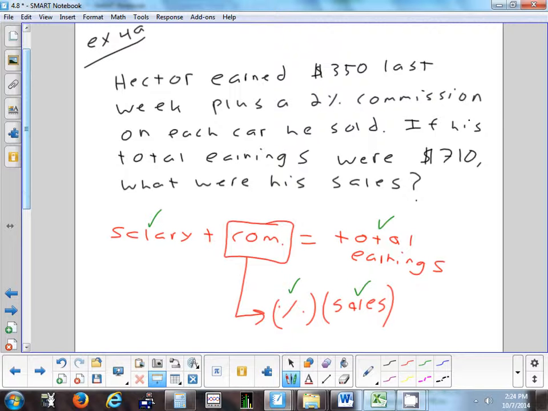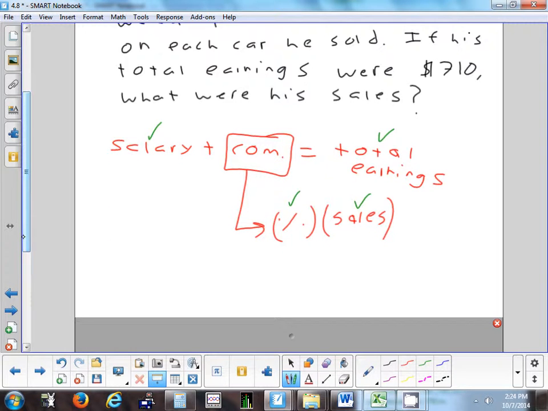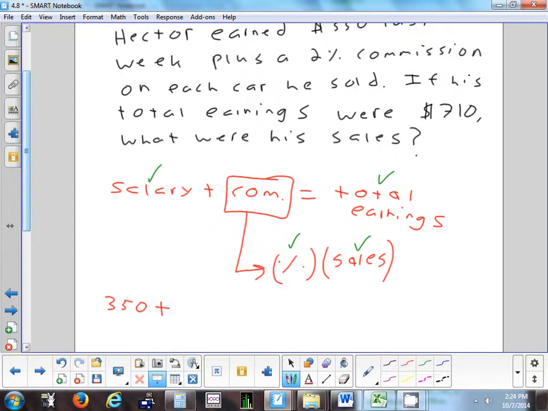Okay. Do we know his salary? Yep. What was his salary last week? $350, because we're given $350 plus a commission. So his salary is $350. So I just filled in salary. Next, I'm going to look at commission.